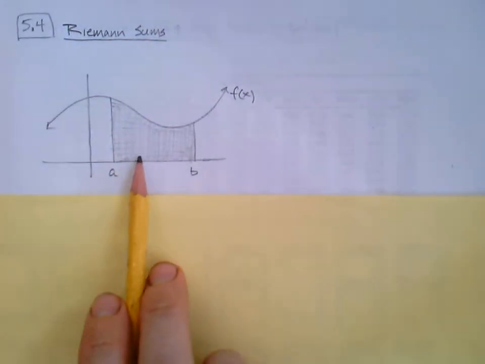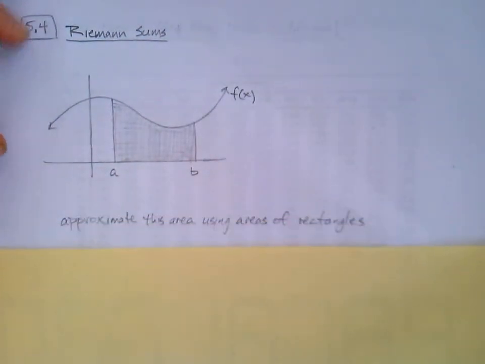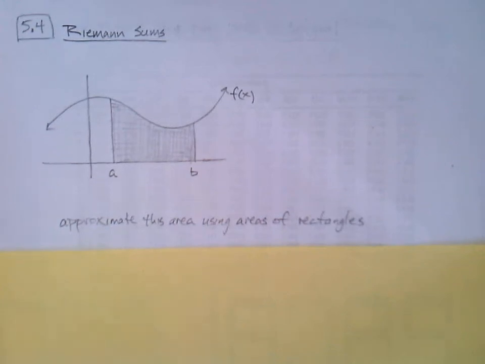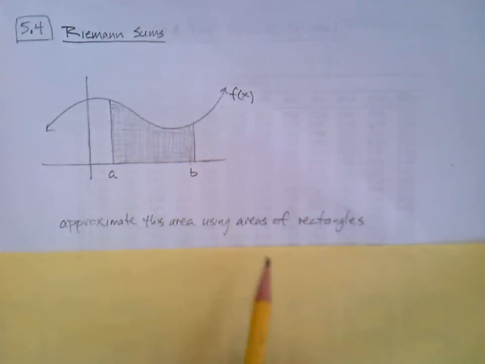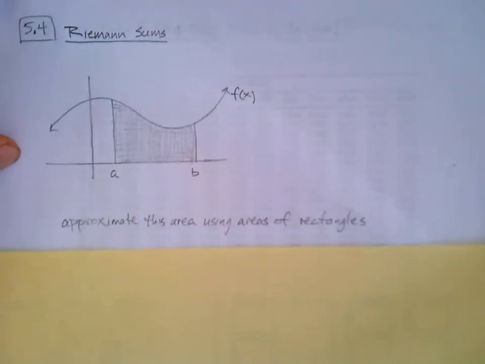In this section, we're going to approximate that area. So how are we going to do that? I'm going to show you some drawings in a moment. We're going to approximate this area using the areas of rectangles. The simplest two-dimensional shape, you might say, is the rectangle. Let's take a look.